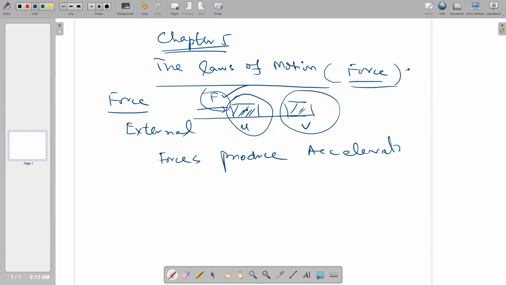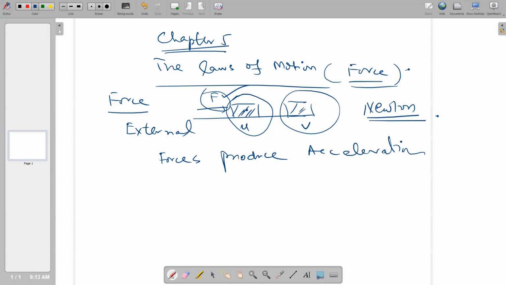Forces always produce acceleration because we know that force and acceleration have some relation. You cannot say that force produces motion. No, force produces acceleration. Acceleration means change in velocity. And the unit of force is Newton.